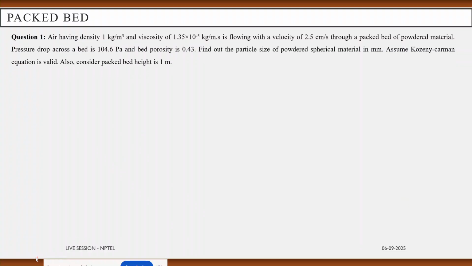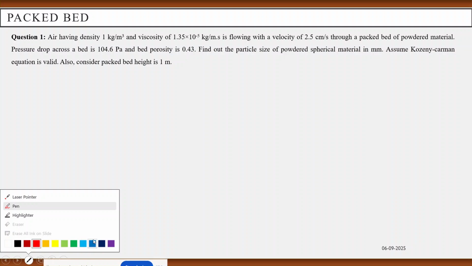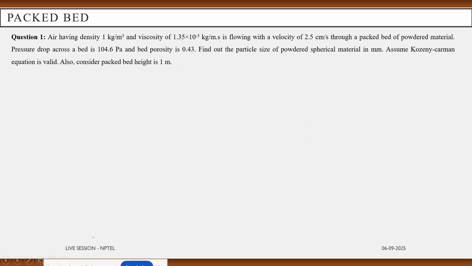Now, in today's class, we will be solving our first numerical.